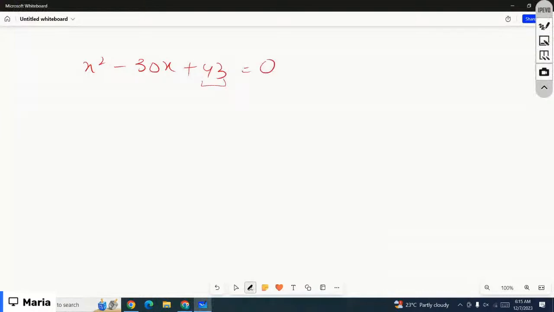Move this 43 to the other side. X square minus 30x equals negative 43. Here is the b, right? When we are completing the square, we add b over 2 whole square. B is negative 30. Negative 30 over 2 is 15. That means you need to add 15 square both sides, right?